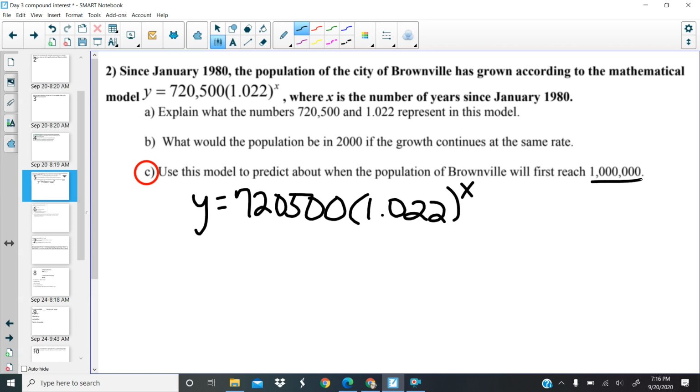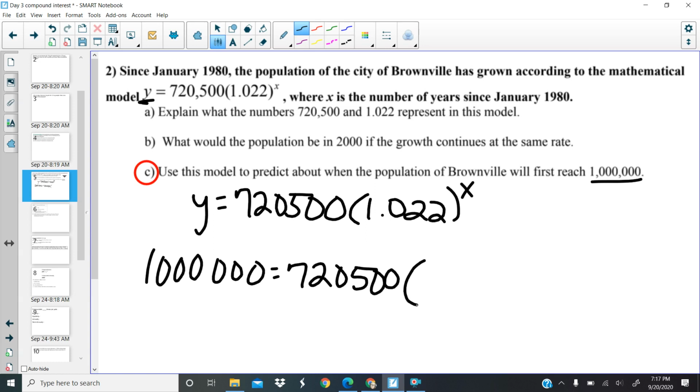That's going to actually be our y amount, because the y is the new population that we're finding. So it would be 1 million equals 720,500 times 1.022 raised to the variable x, and you're trying to solve for x.